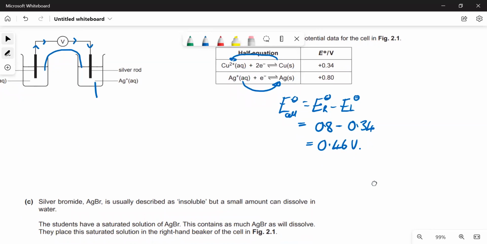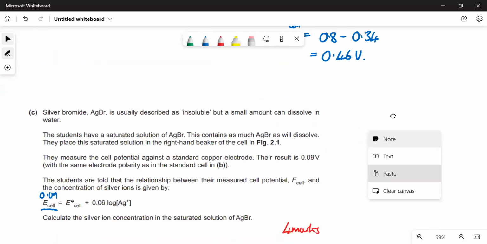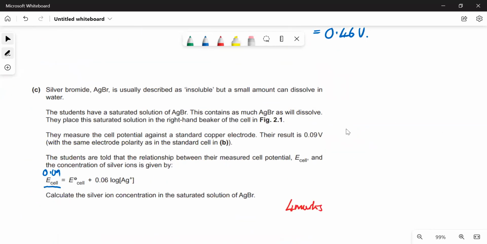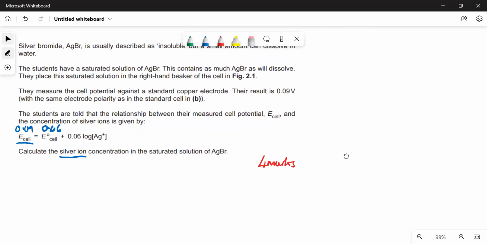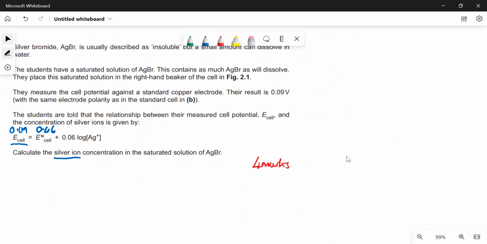So we've got the E standard value here, so we know that this is 0.46. We've got to calculate the silver ion concentration, so we need to rearrange that equation. Starting off with this equation here, first thing I'm going to do is subtract E standard cell from each side of the equation.